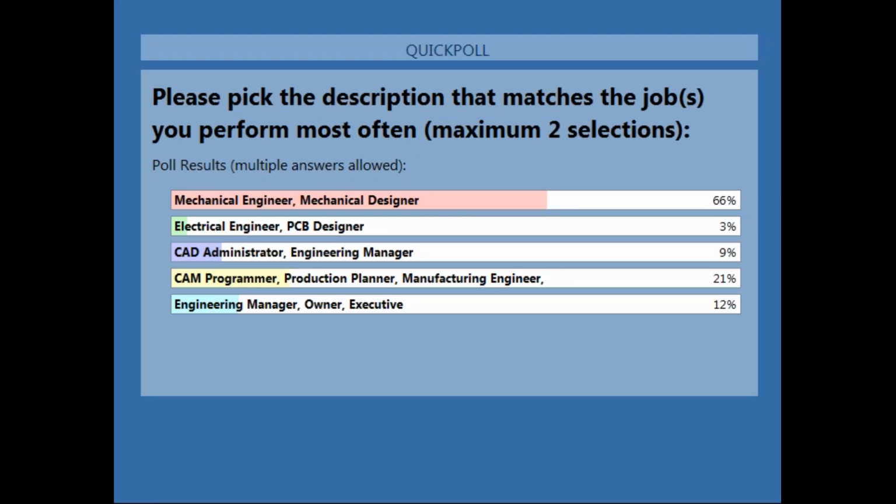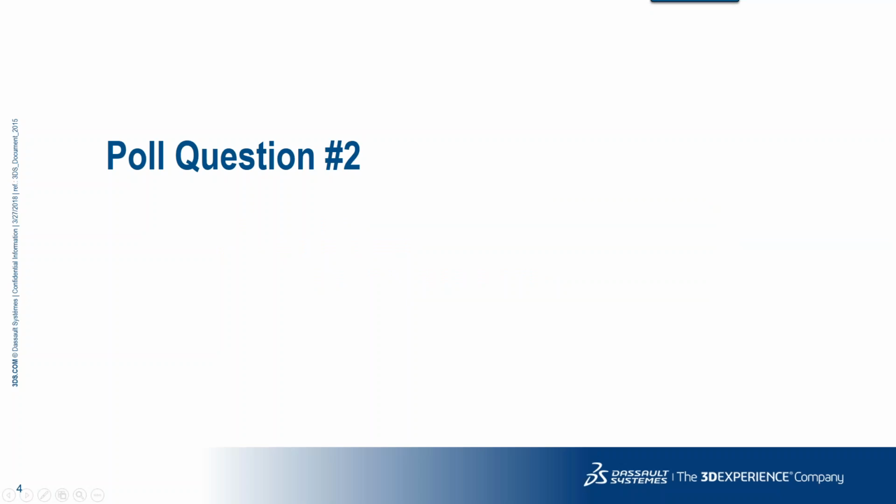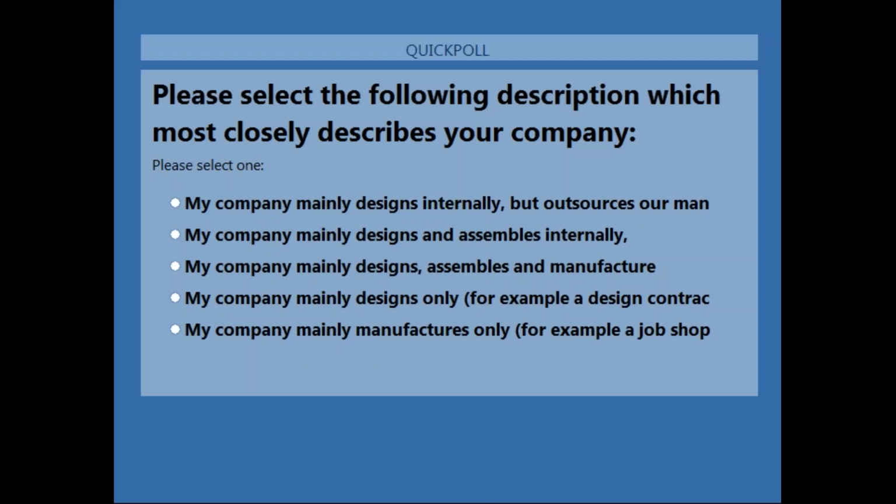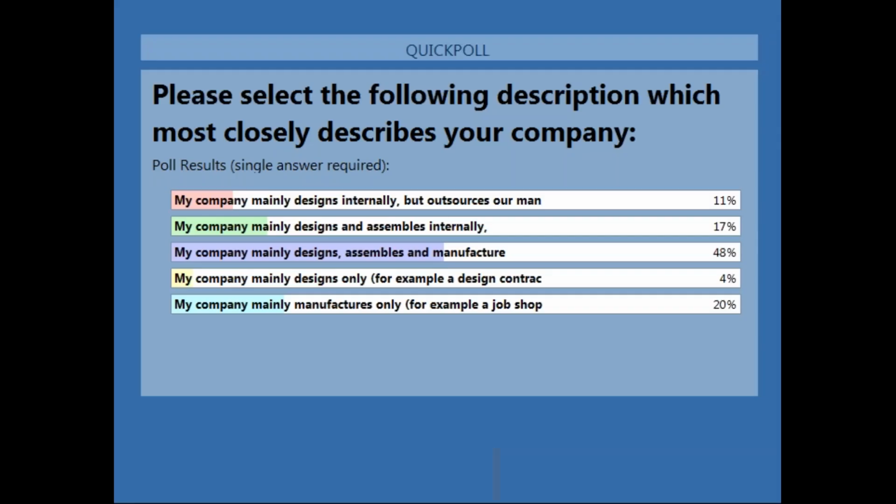All right, we'll jump right into our second question. Please select the following that closely describes your company. All right, share that out. 48% of you are in design, assemblies, and manufacturing.